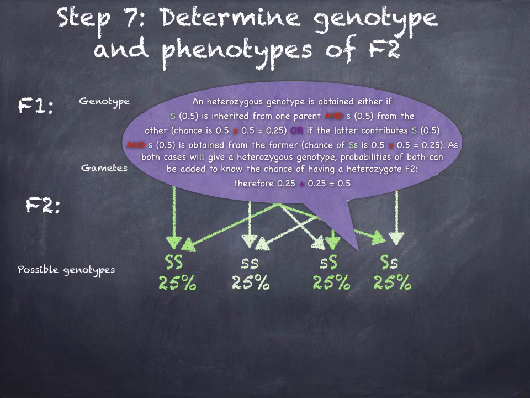When one condition or the other will do the same thing, you can add the two probabilities, so it gives you 25% plus 25%, so 50% of obtaining this.